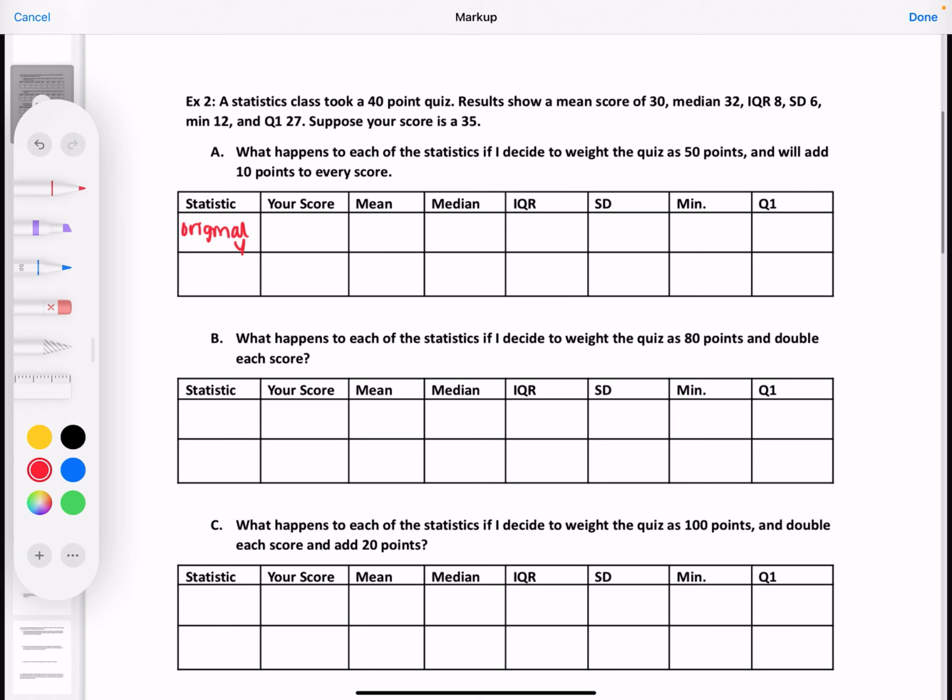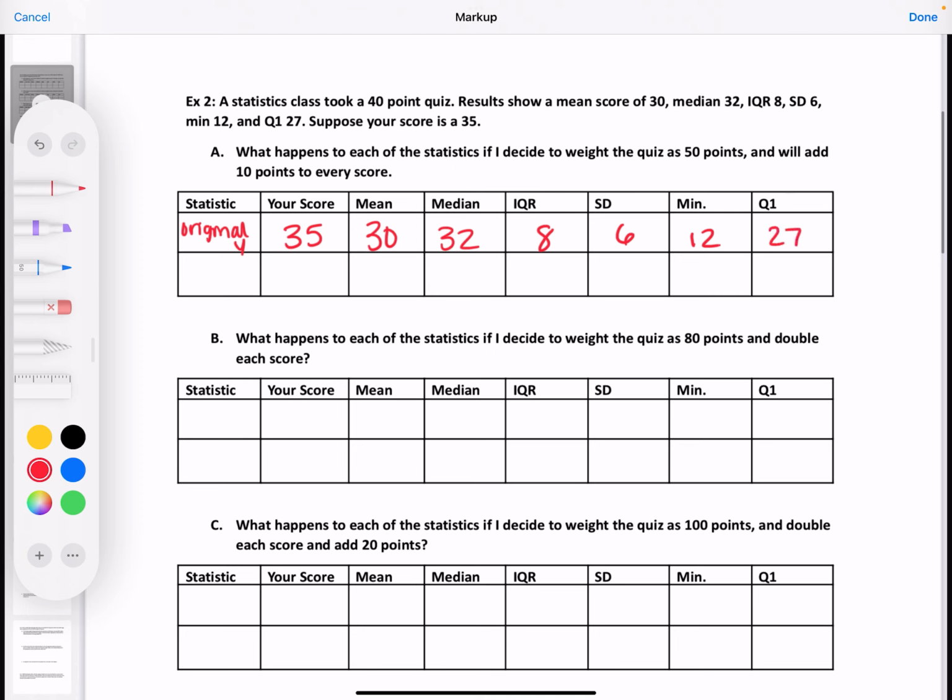So first let's fill in this top. Our score was a 35. The mean value was 30. Median was 32. IQR of 8. Standard deviation of 6. Min of 12. Q1 of 27.